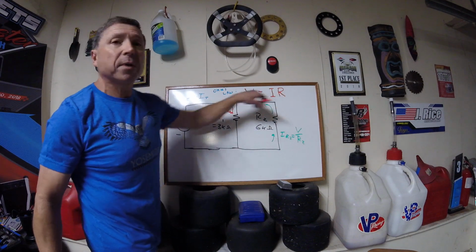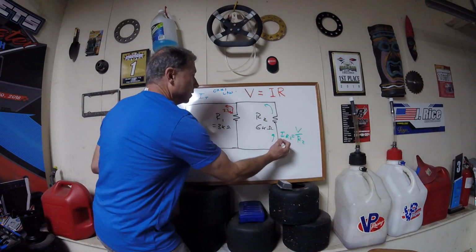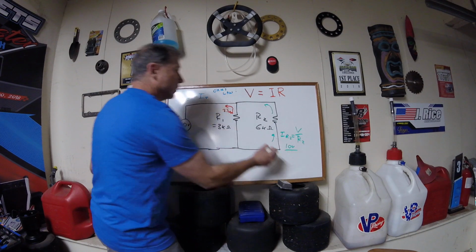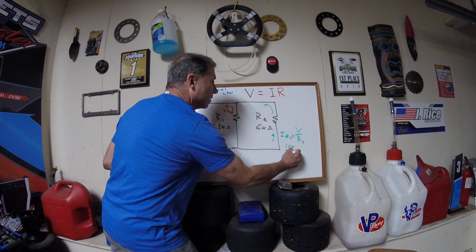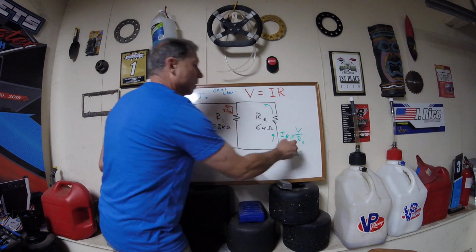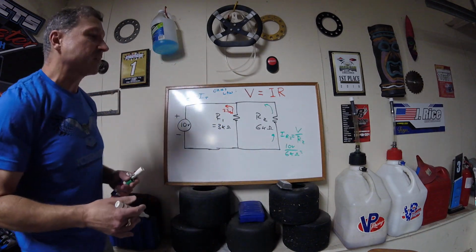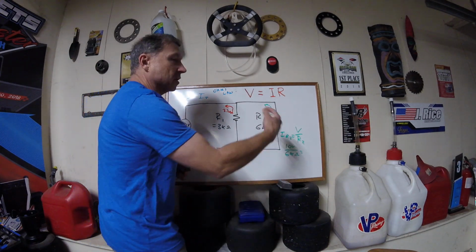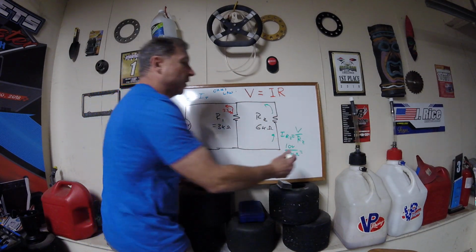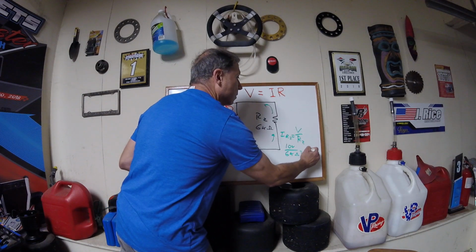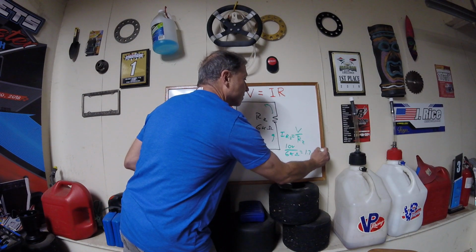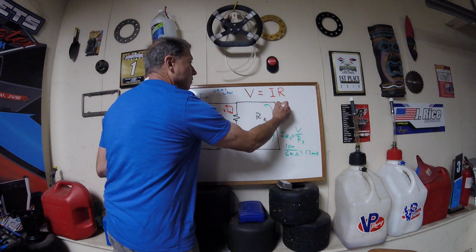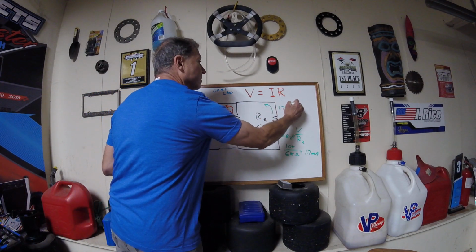I is V divided by R. So this will be 10 volts divided by 6K ohms. 10 over 6 is about 1.7, and because it's K, it's 1,000 on the bottom, it's going to make it 1/1000th. So that would be 1.7 milliamps, like so. Okay? So IR2, 1.7 milliamps.